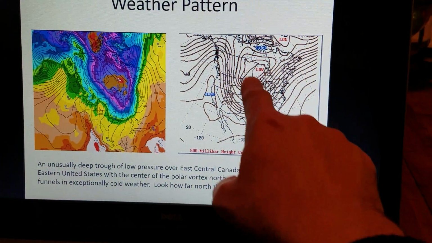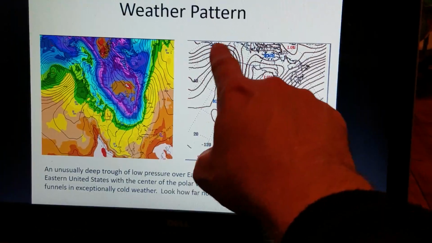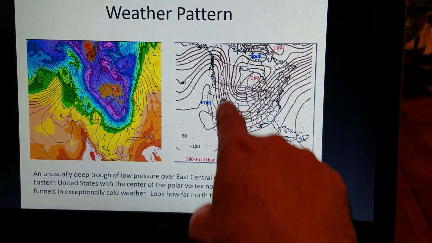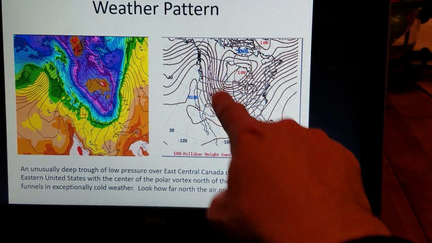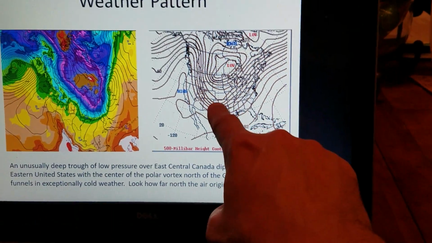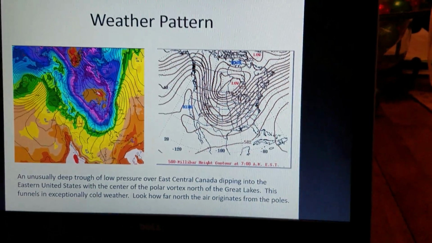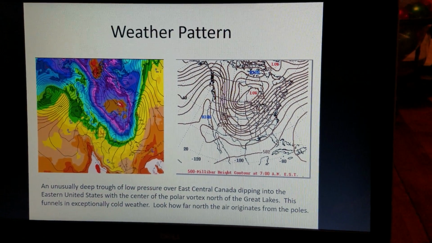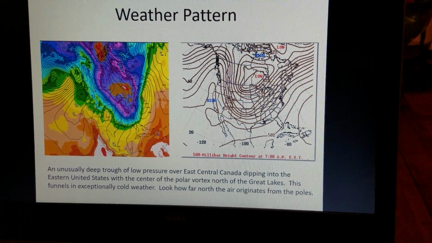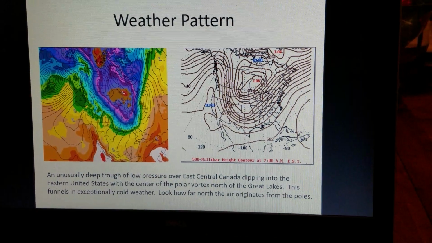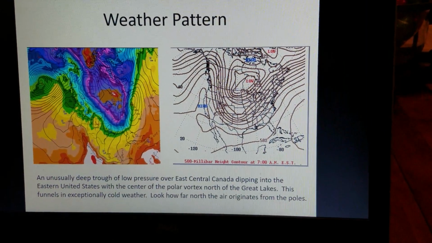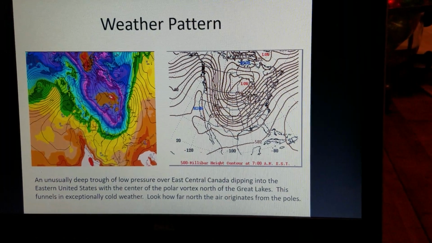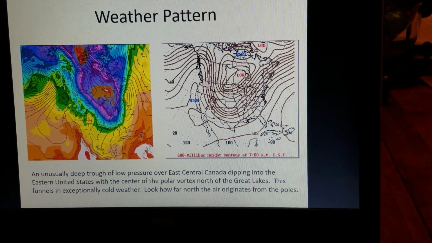The polar vortex sits here, and you have this huge ridge, which helps amplify the jet stream pattern and cause a deep anomalous trough to develop over the central United States, eventually shifting into the eastern United States. So the overall weather pattern for the polar vortex to strike is an unusually deep trough of low pressure over east central Canada, dipping into the eastern United States with the center of the polar vortex north of the Great Lakes.